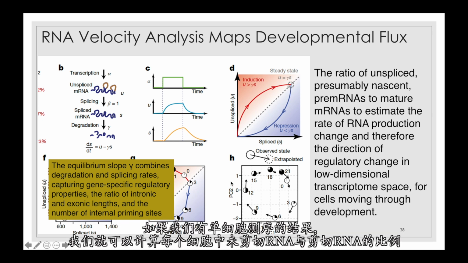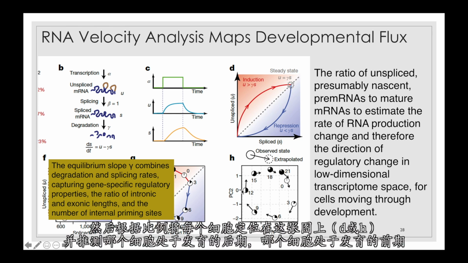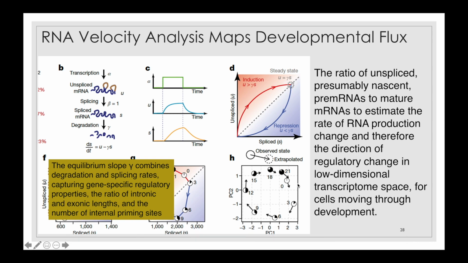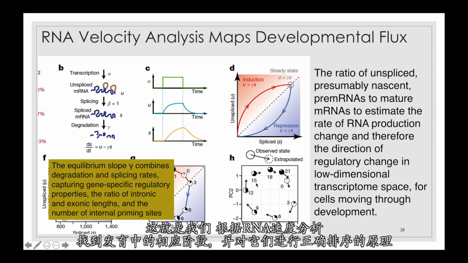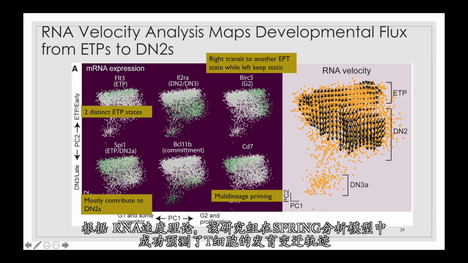If we have RNA sequencing data from individual cells, then we can calculate the ratio of unspliced and spliced mRNA in each cell and map their location on this map. Then we can find which cells are in a more advanced step and which are in a less advanced step, and follow this order to find the substates and the correct order of the developmental flux.